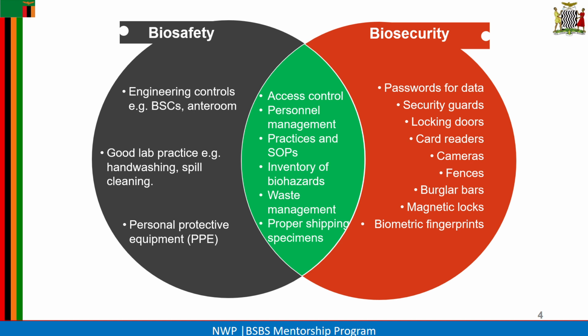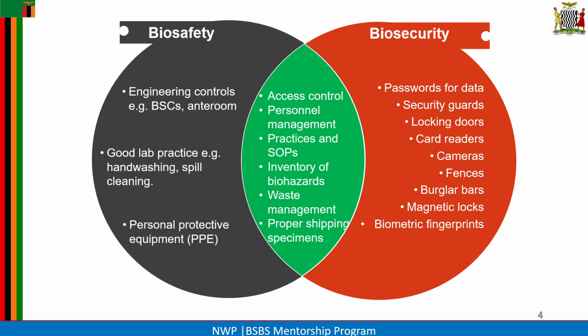Another example of a biosafety measure is good laboratory practice. For example, if you practice hand washing every time you enter your lab or after you leave your lab, that is a biosafety measure. If you have a spill management protocol or procedure, that is considered as a biosafety measure as well.